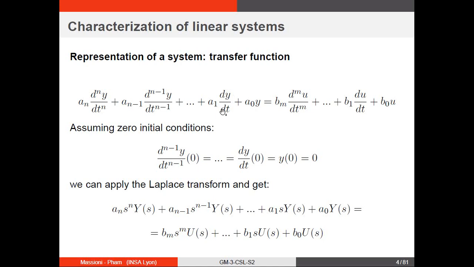The derivative of y with respect to time times a1 becomes s times big Y of s times a1, etc. If you have a second order derivative, you multiply by s squared. If you have the n minus 1 derivative, s to the power n minus 1, and the n-th derivative, s to the power n.